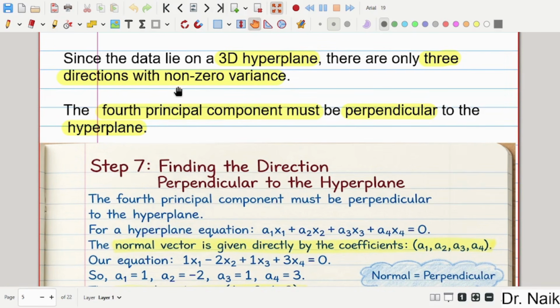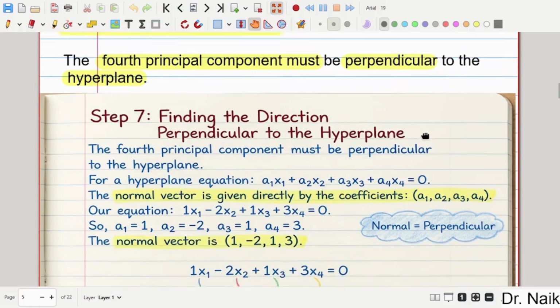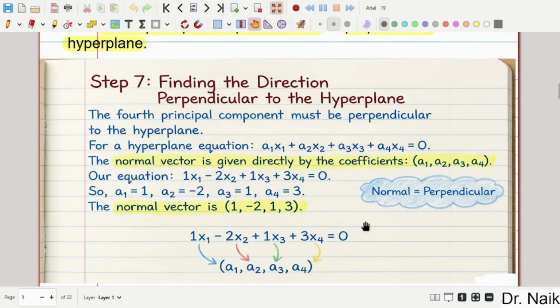That means the fourth principal component must be perpendicular to the hyperplane. Perpendicular means normal. For a hyperplane equation a1x1 plus a2x2 plus a3x3 plus a4x4 is equal to 0, a normal vector is formed by the coefficients a1, a2, a3 and a4.